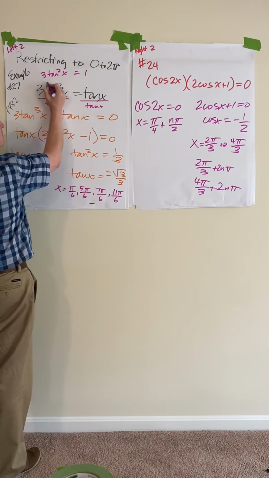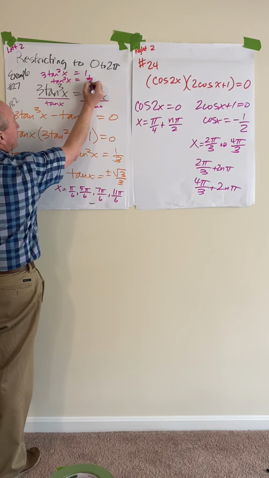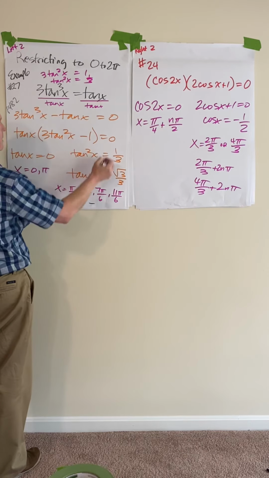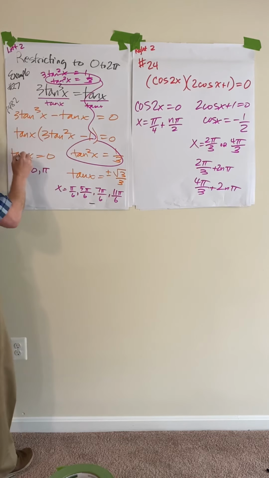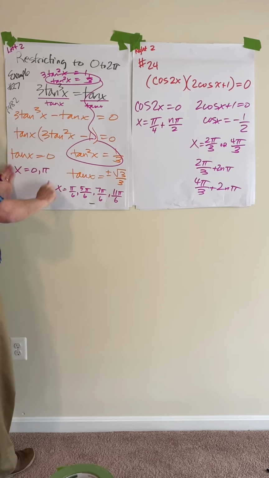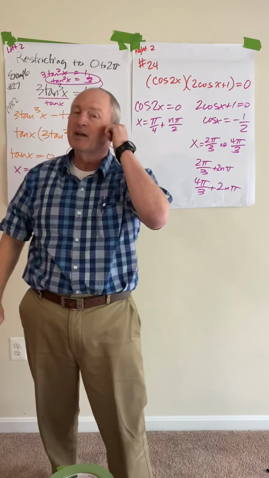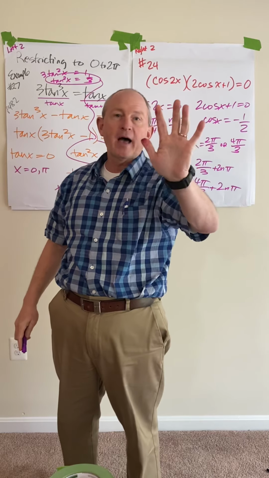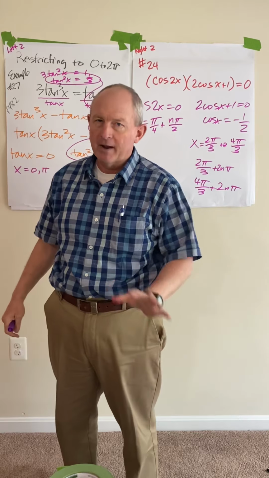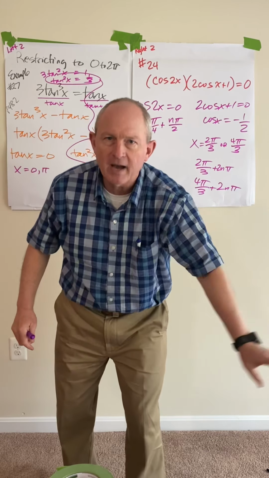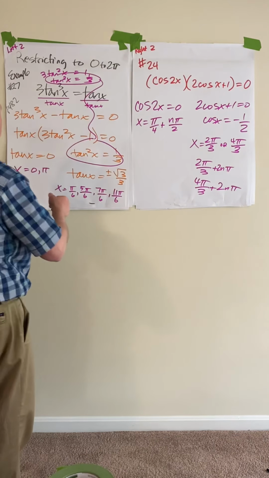Dividing both sides by 3, we get tangent squared of x equals 1/3, which is right here. We would have lost these two solutions if we had made this grievous error of dividing both sides by tangent x. Don't do that, because tangent x could be equal to 0, and we don't divide an equation by 0. Don't divide both sides by a trig ratio. Bad. Okay, next, we're going to do another example.